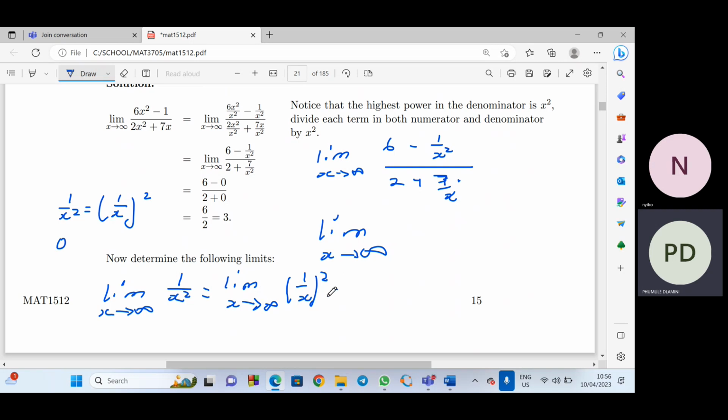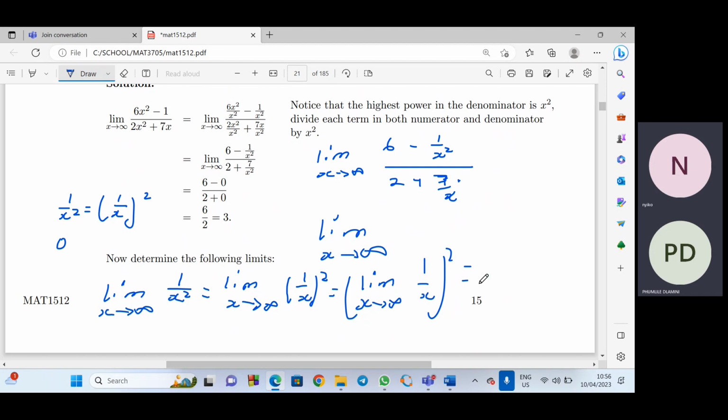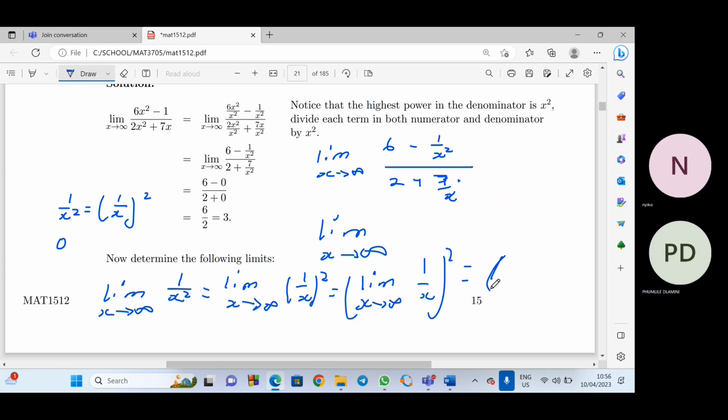So you're allowed to say this is the same as the limit of 1 over x in brackets squared, and the limit inside is 0 squared, which equals 0.